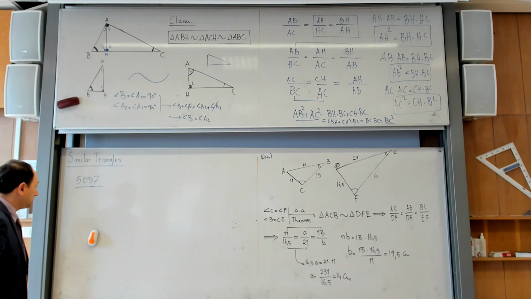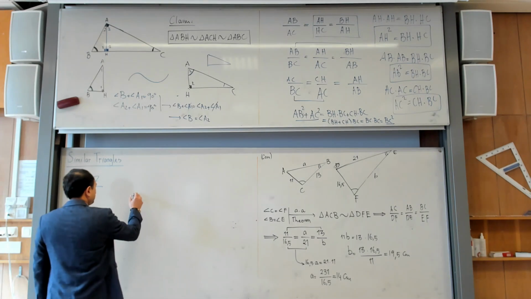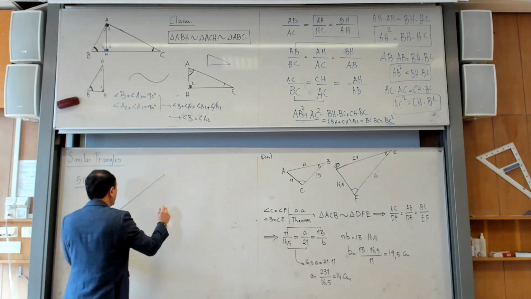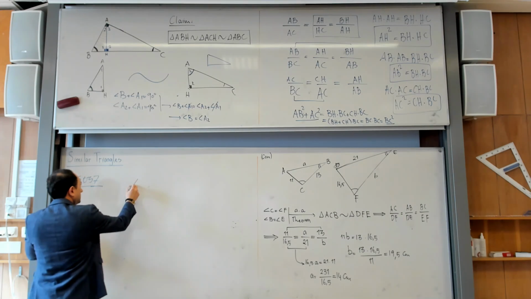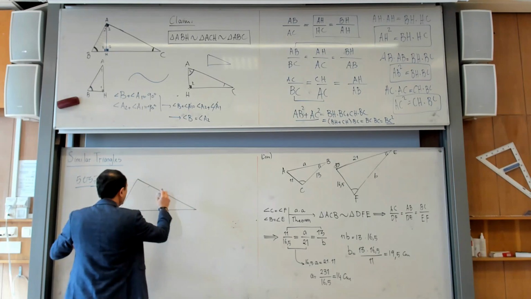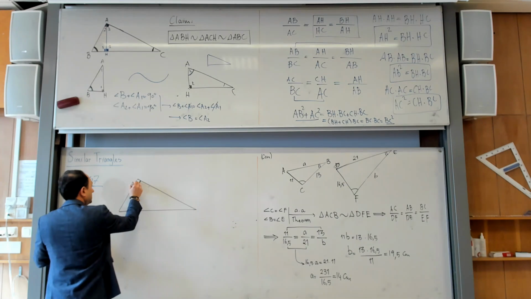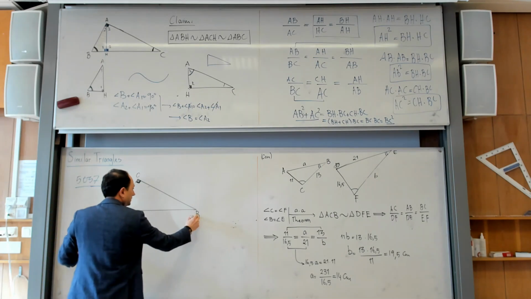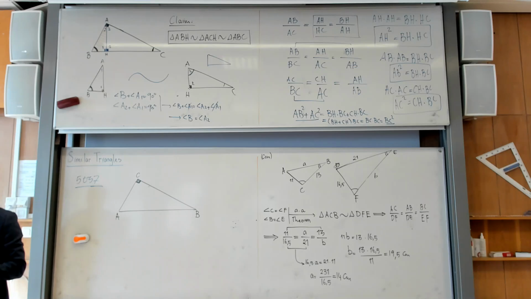Let me draw it in that way, as I did here. Tim is right 100% here, this should be C, definitely, because they mentioned that the hypotenuse is AB. Then from vertex C, drag a bisector to point D on the hypotenuse AB.